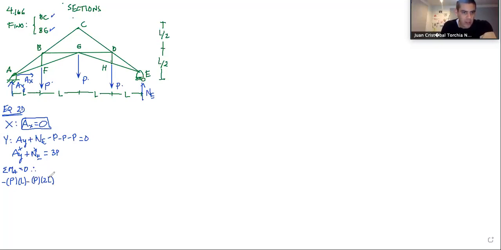So it's minus P. And also I will have the P times 3L, okay? So minus. And finally, for this moment regarding A, I will have NE multiplied by 4L, okay, equals to 0, and maybe you detect that this guy is gonna be positive according to our right-hand rule, okay?